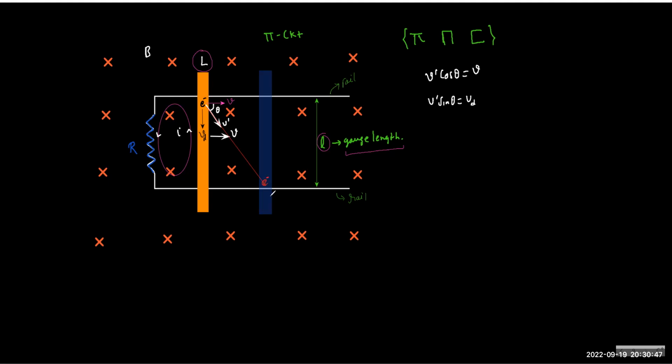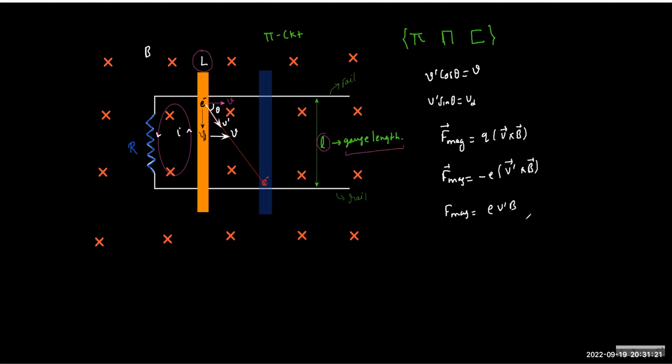Now the magnetic force, how do we write it? We know the magnetic force is Q into V cross B. So in our case, it will be minus e into v dash cross B. If I take the magnitude, I can say e v dash B, isn't it? That's very simple.